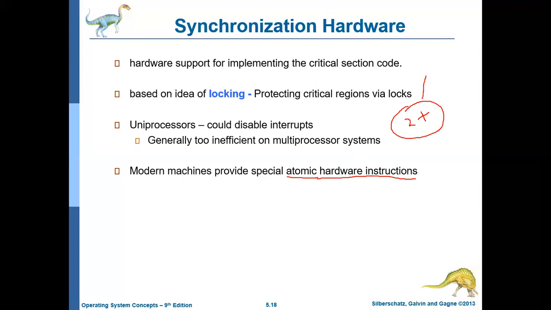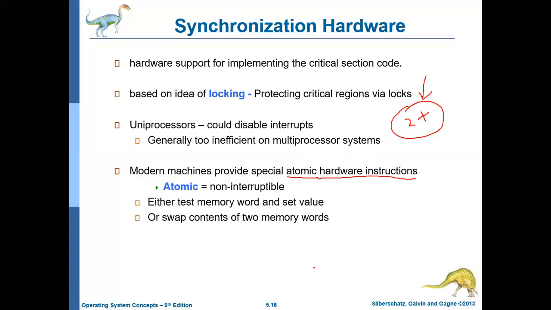When this set of instructions is executed, nothing can be interrupted, no interrupts will be allowed. All of them will be executed as one entity or one bunch. That feature is called atomic hardware instructions. Atomic means it will be executed as a single unit and is non-interruptible.